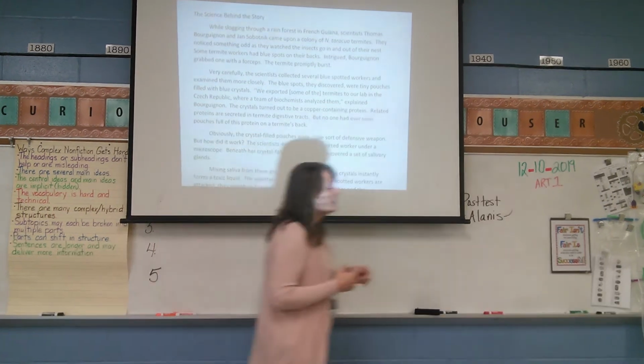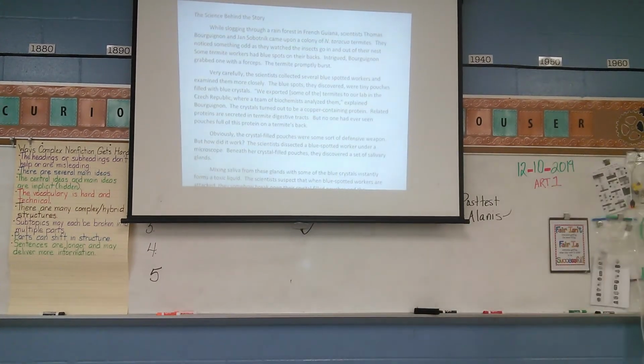Okay? So what I've done for today is I've printed up pages 18 and 19 in our book, When Lunch Fights Back. Okay? And today the first step in what we're going to do is to read it with our partner to see if we can come up with some main ideas. Now, as you come up with main ideas, I want you to jot them in your notebook.